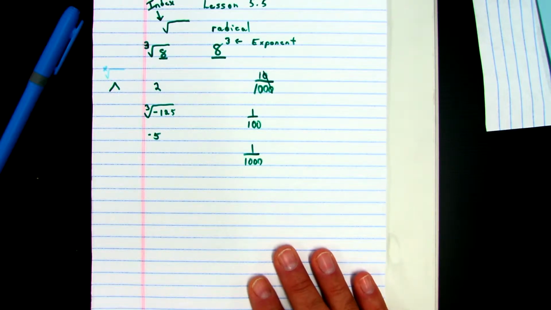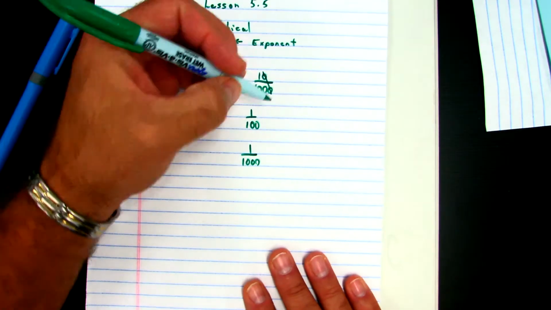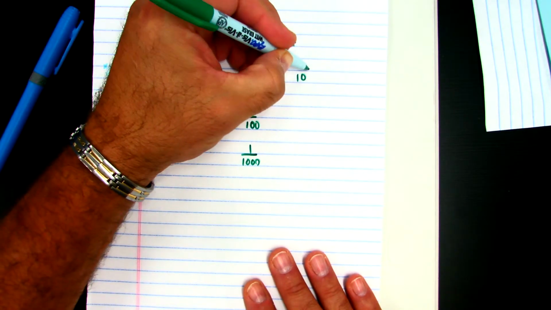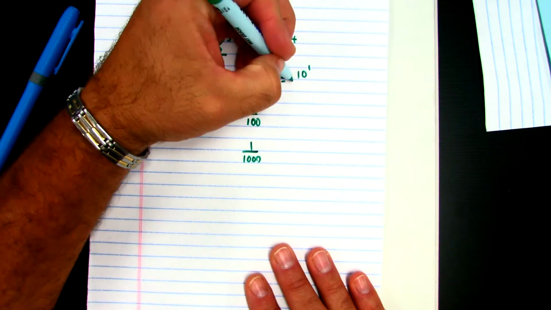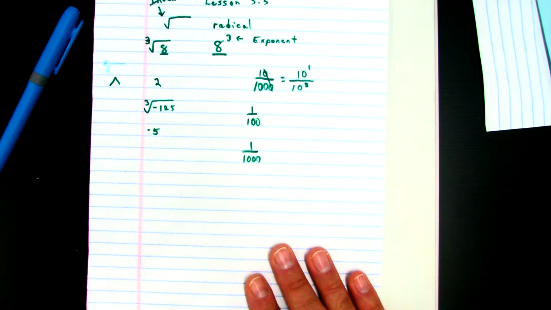Now, what is the difference? We're going to start writing some of these things as powers. So, for example, 10 could be written as 10 to the first. Anything raised to the first power is itself. 10 to the third is 1,000.